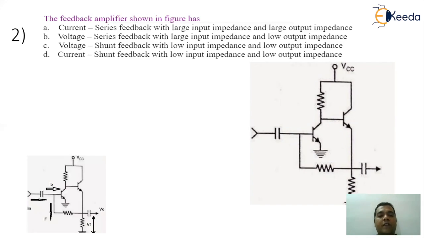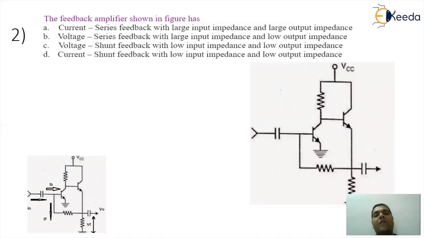So here if you observe, I can clearly see that VO node and the VF value are actually same. The feedback is taken at the output node, and now I can see VF is equal to VO. So what of this? It is voltage sampling. I can also see a node on the input path, implies it's going to be shunt mixing.